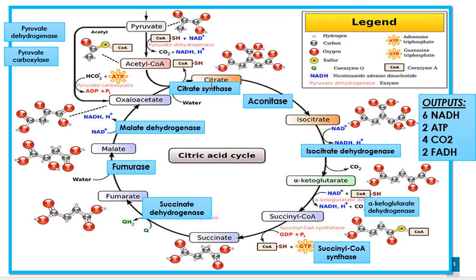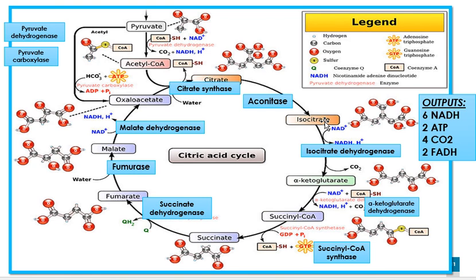And then next, citrate will rearrange and will become another 6 carbon, isocitrate, with the help of the enzyme aconitase. So in here, isocitrate, how many carbons does it have? 6.